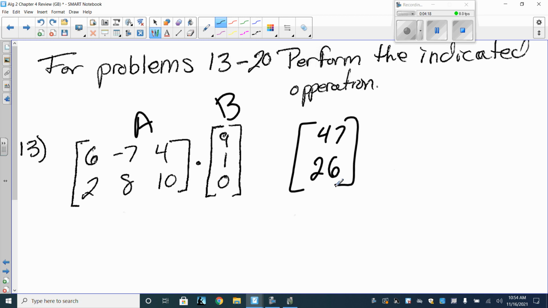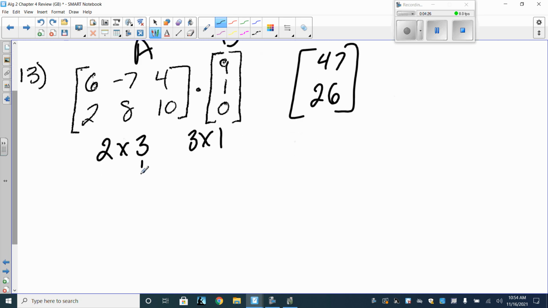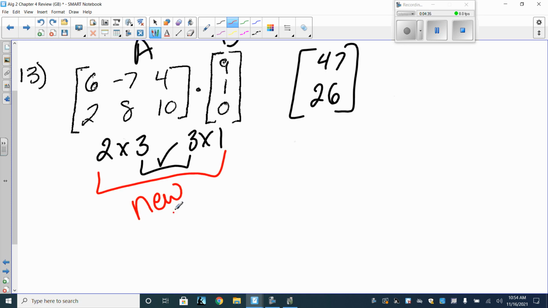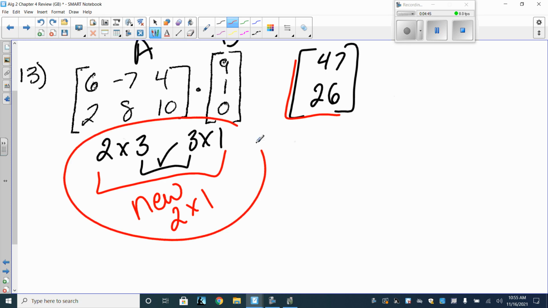And we know that this works because this is a 2 by 3 being multiplied by a 3 by 1. So the 3 and 3 tells us that it works. Now the 2 and 1 is our new dimension. So the new dimension should be a 2 by 1. This is a 2 by 1. But I mean, this is telling us how it works.